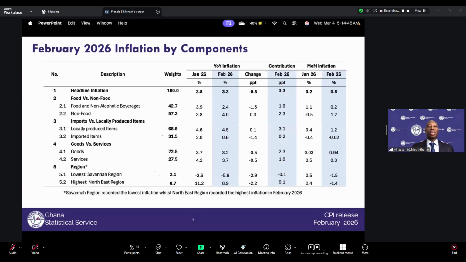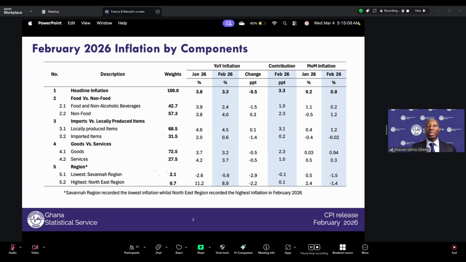Now let's look at inflation by component. And here I would like us to look at inflation from the viewpoint of food versus non-food, locally produced items versus imported items, goods versus services, and also look at it from the viewpoint of regional dynamics. Now let's begin with food.